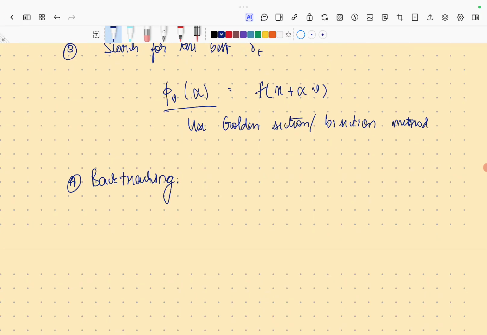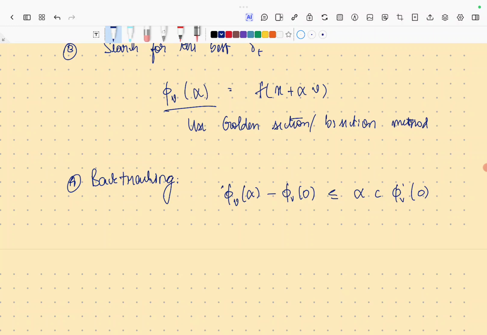So what you do is, again, you look at this function phi v of alpha, and you choose an alpha such that phi v of alpha minus phi v of 0 is less than or equal to alpha times some constant that is fixed beforehand, times the derivative of phi v at 0.